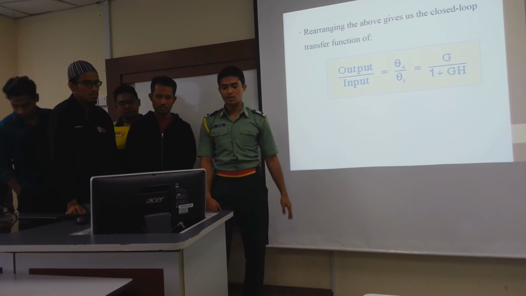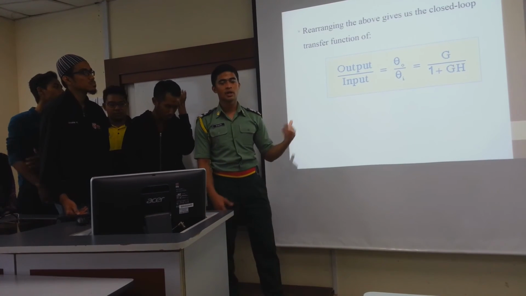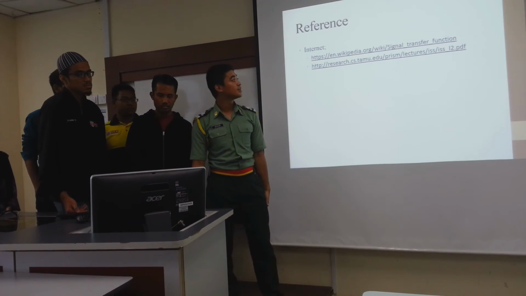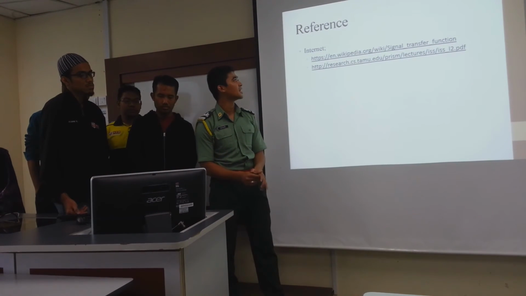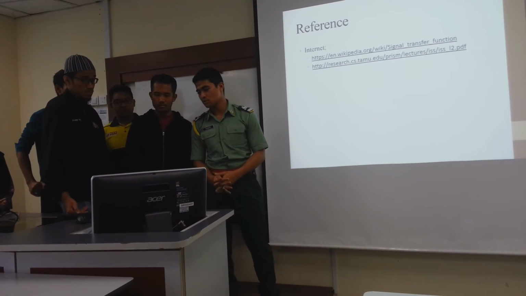Alright, this is the output from the block diagram that I just showed. Alright, this is just the reference that I made for the sensor. Thank you. I would like to proceed to Muhammad Shafiq.